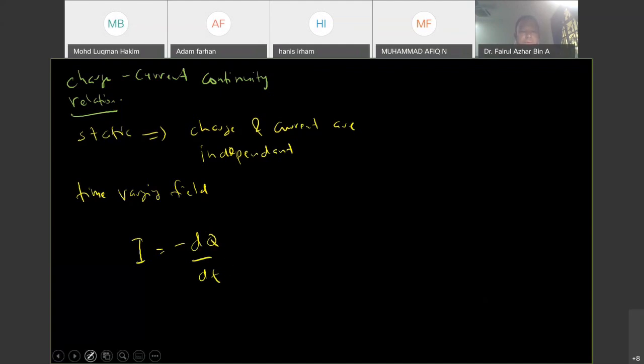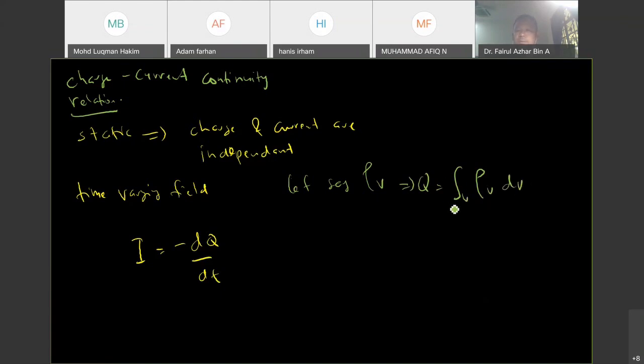Let's say we have charge in terms of rho v, so the charge is represented as a volume density. In order to find q, given the charge in terms of rho v, we will have q equal to the volume integration of rho v dv.